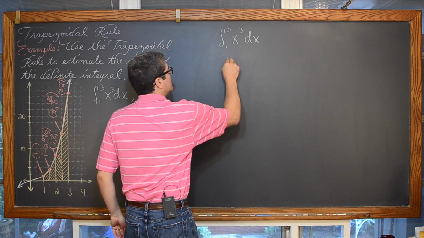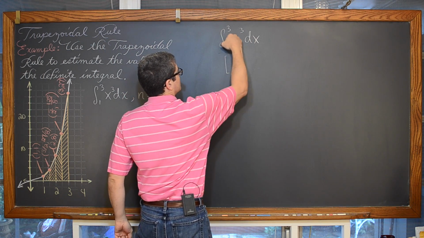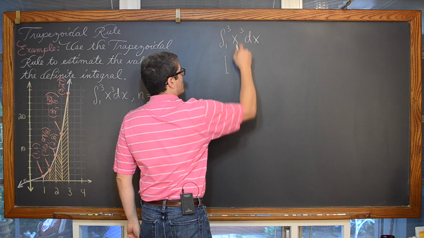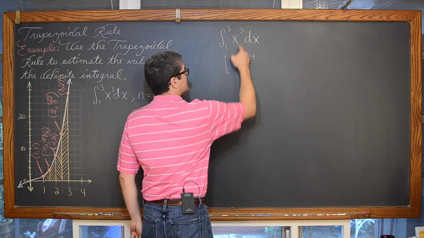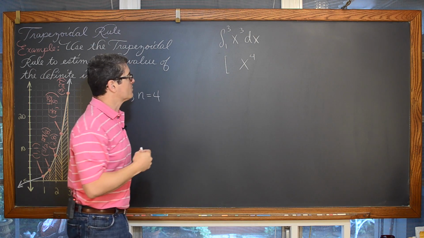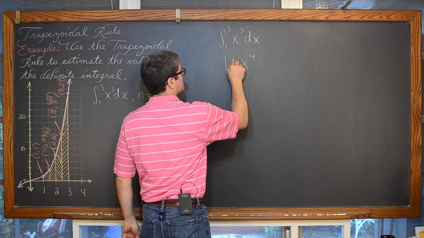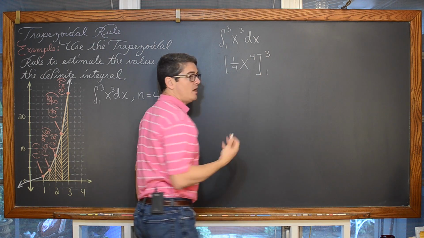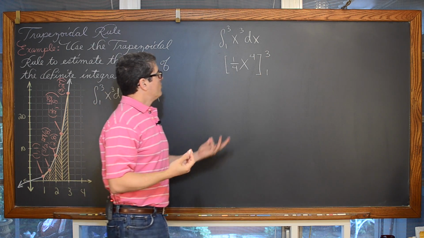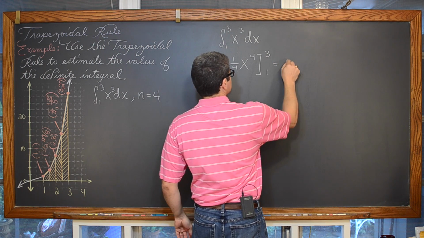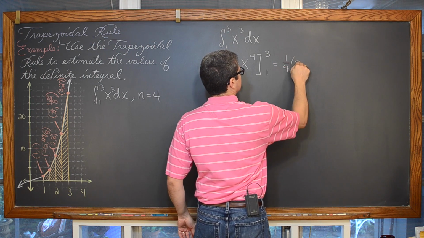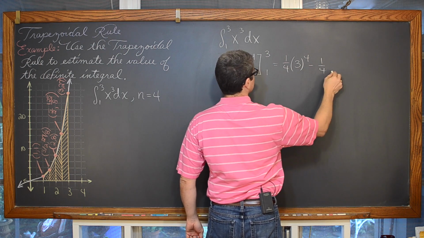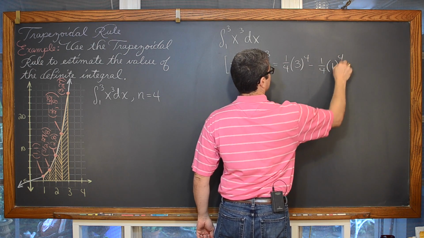So the definite integral from 1 to 3 of x cubed dx is going to become, raising that power by 1, x to the 4th. And then, dividing by that raised power, we multiply by 1/4. And that's evaluated from 1 to 3. Now, working this out, we have 1/4 of 3 to the 4th power minus 1/4 times 1 to the 4th power.